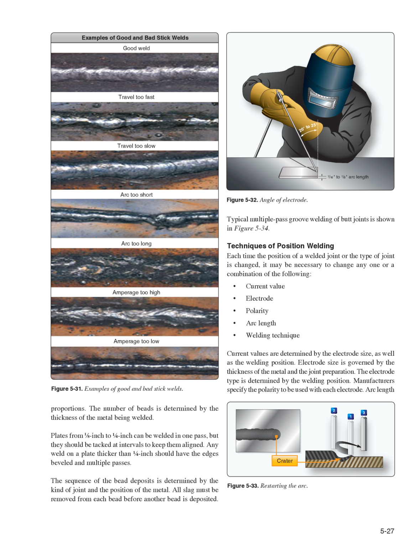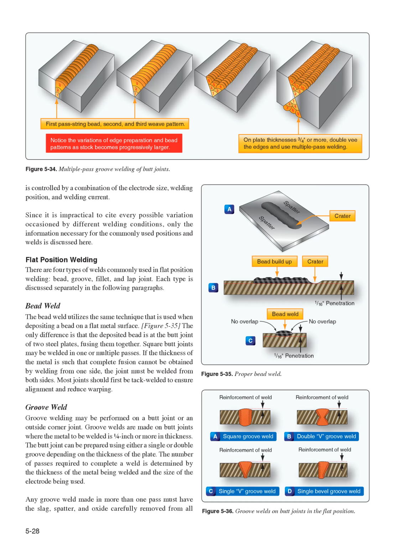The electrode type is determined by the welding position. Manufacturers specify the polarity to be used with each electrode. Arc length is controlled by a combination of the electrode size, welding position, and welding current. Since it is impractical to cite every possible variation occasioned by different welding conditions, only the information necessary for the commonly used positions and welds is discussed here.